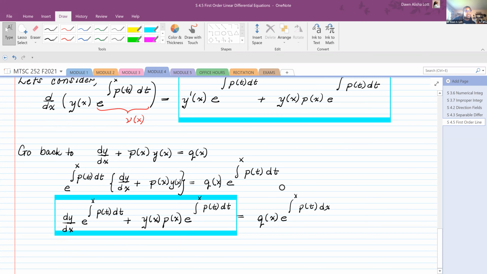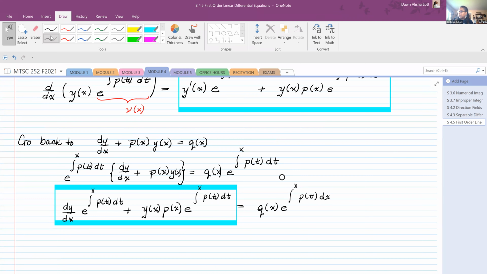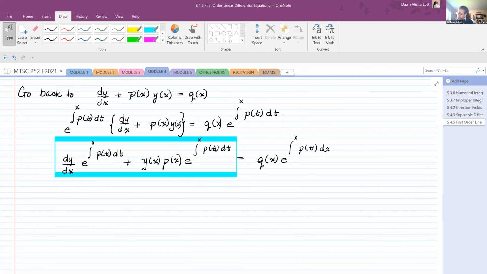So that means that on the left-hand side, I can change my equation to be the derivative with respect to x of y of x times e to the integral of p of t dt is simply equal to q of x times e to the integral of p of t dt.